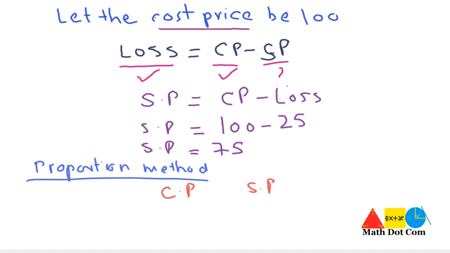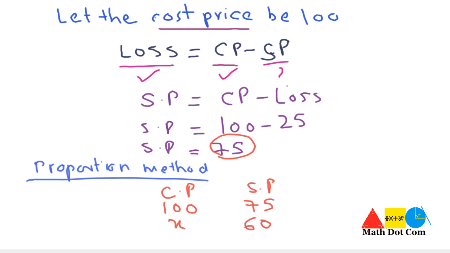As we say that for 100 cost price, the sale price comes out to be 75. Okay, and for the 100 cost price we have the sale price of 75, and we have seen that we have the sale price given in the question as 60, but we don't have the cost price.